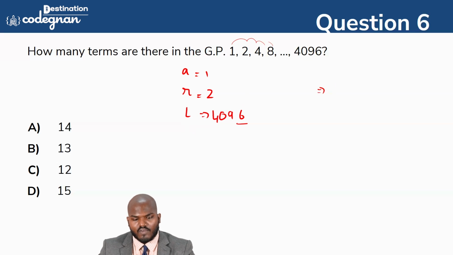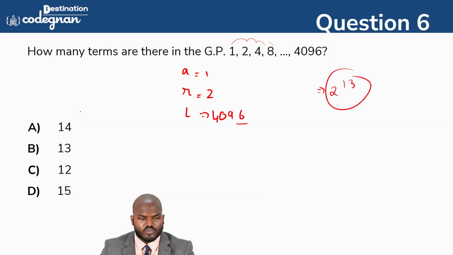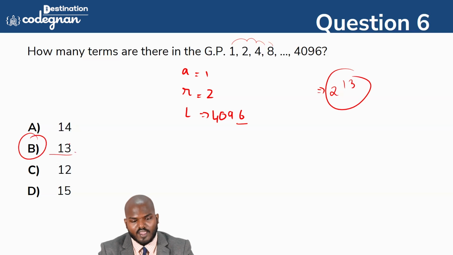But we can get the answer very easily. It is a power of 2 only. So 2 power 12 is the probable answer, which gives 13 terms. As it is finite terms, you can get the answer in an easy way, so you don't need to spend too much time here.